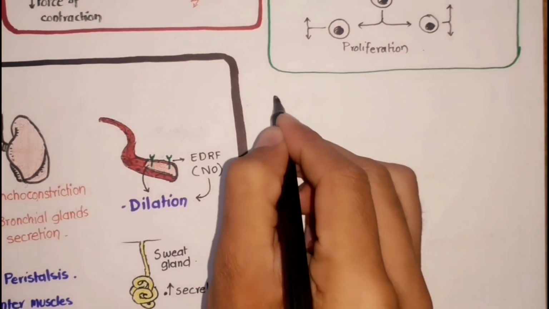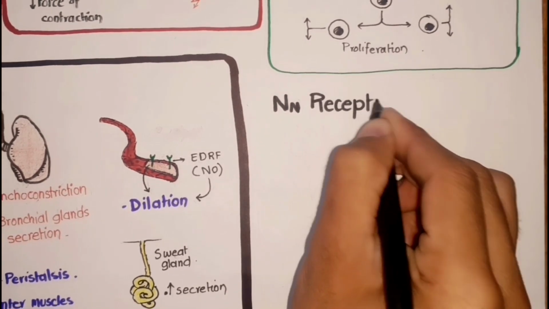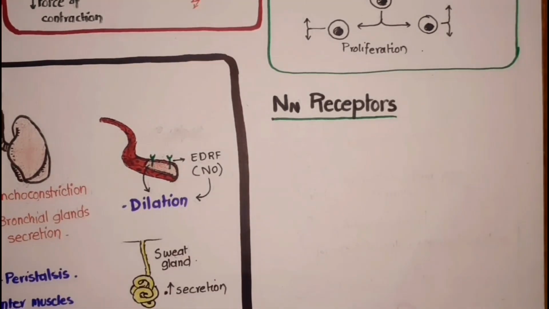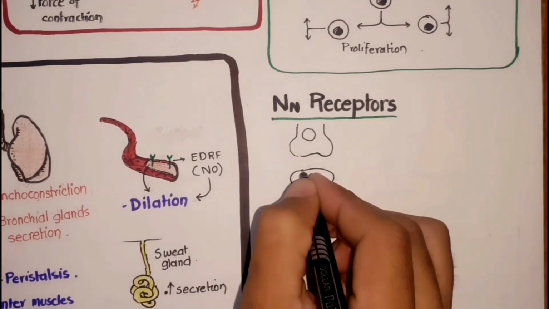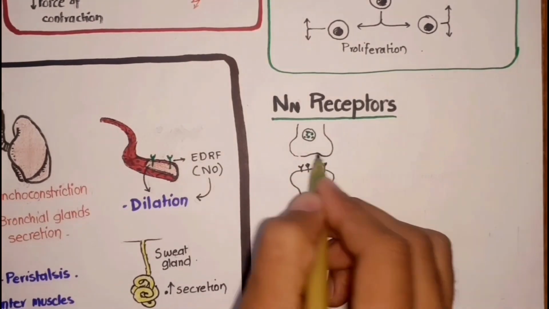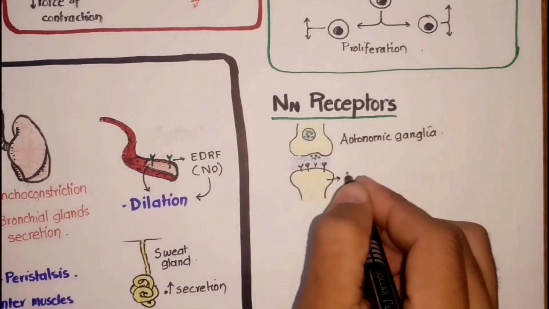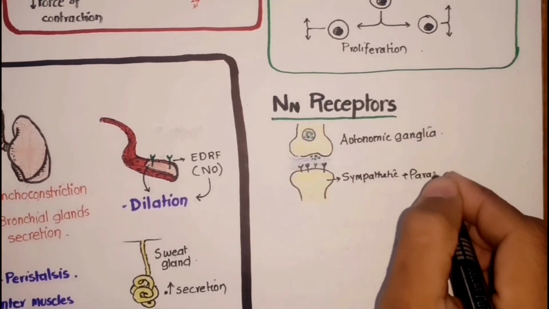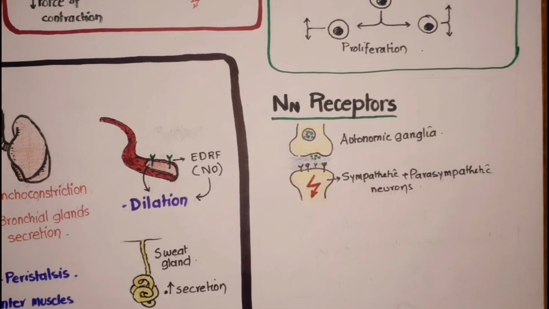The neuronal nicotinic or NN receptors are found in various sites like autonomic ganglia, where the stimulation of these receptors causes the activation of postganglionic sympathetic as well as parasympathetic neurons.